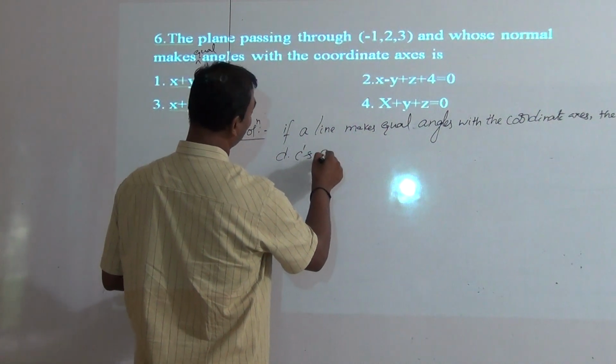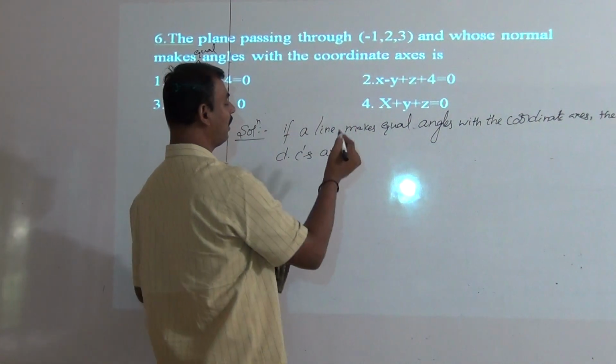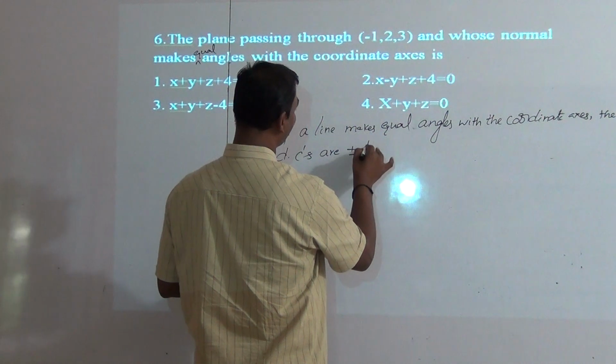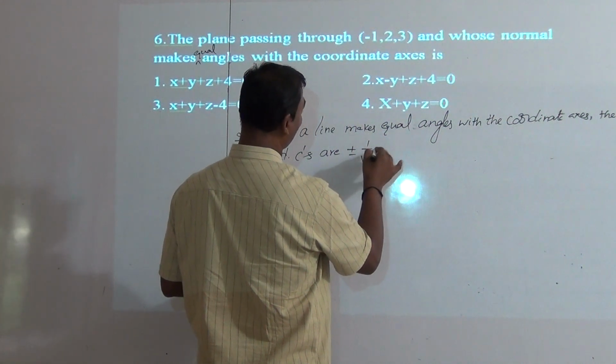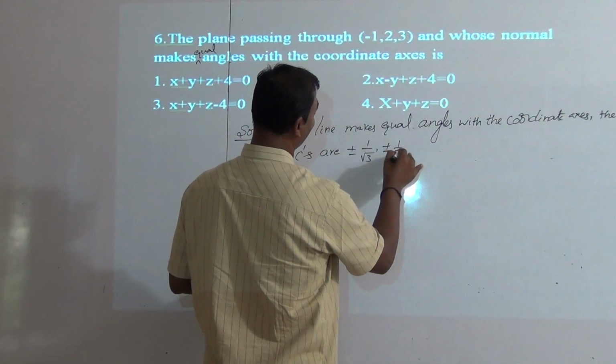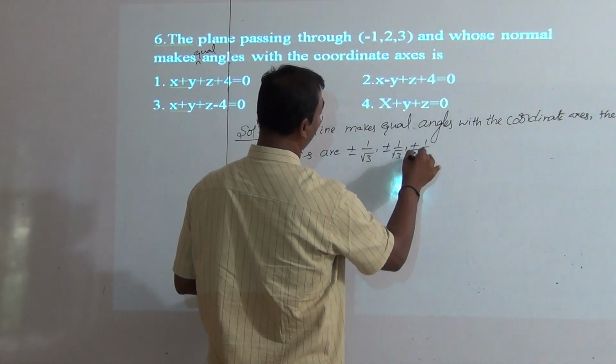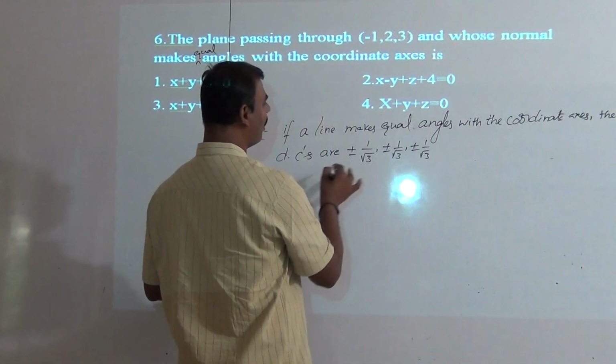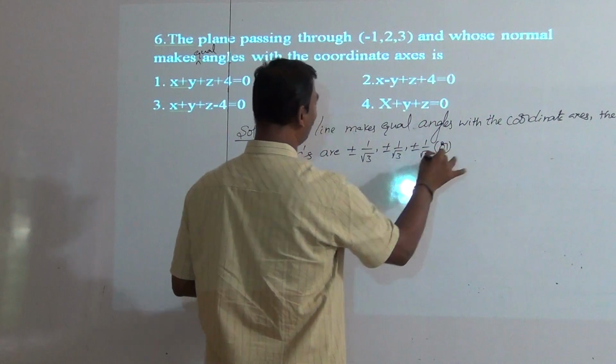The direction cosines are, as we proved already, plus or minus 1 by root 3, plus or minus 1 by root 3, plus or minus 1 by root 3, or else the DRs.